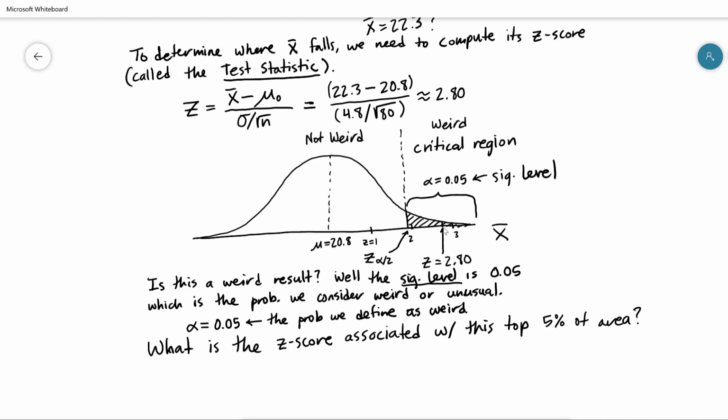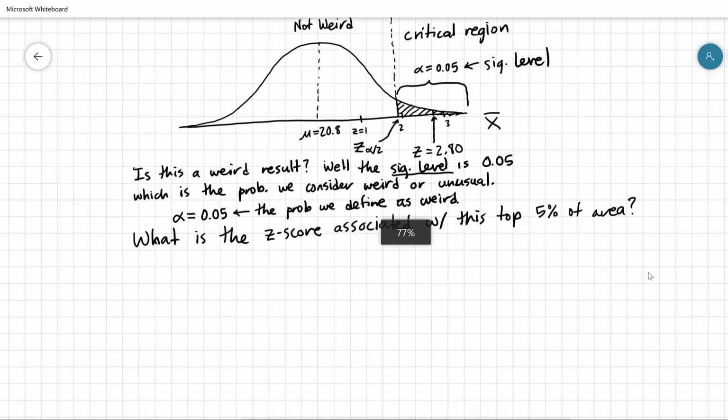But if it occurs on this side over here, then I'll consider it weird. It's far enough away that I consider it weird. And so if I can find this number, that'll be how we define weird. And if this number, our test statistic, winds up being bigger than this number, the critical value, it'll be a weird result. So let's see if we can find that number.